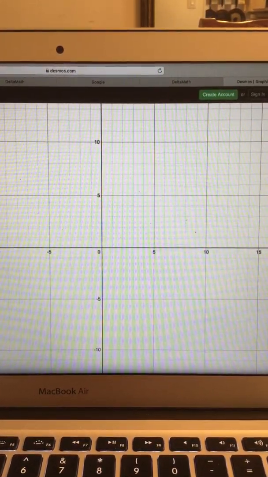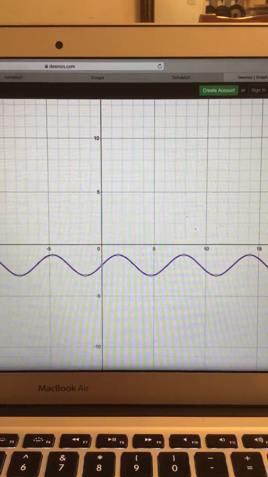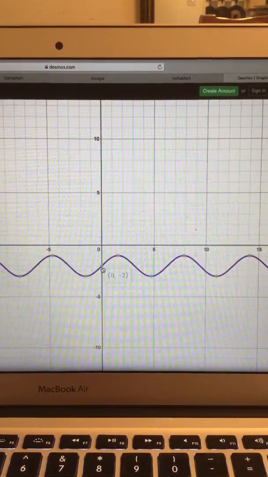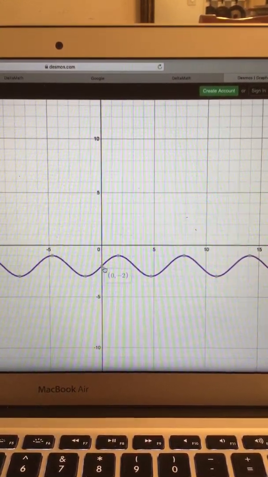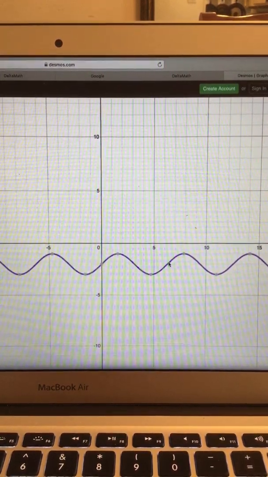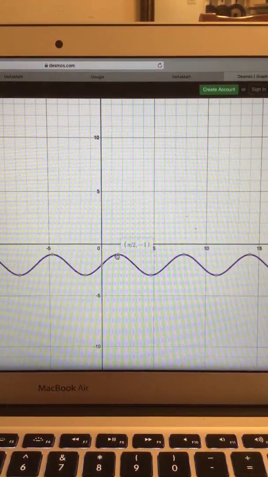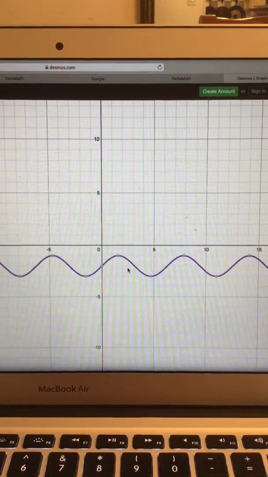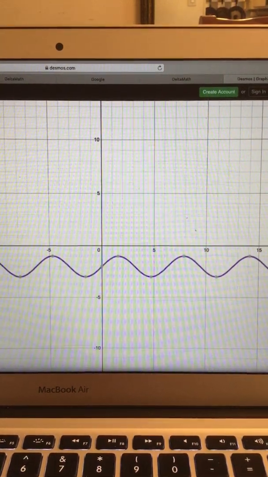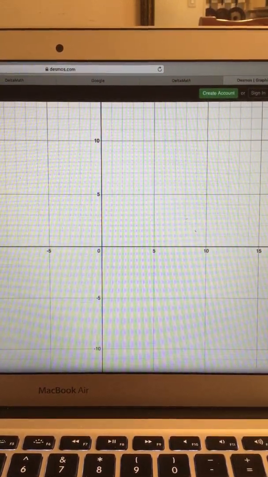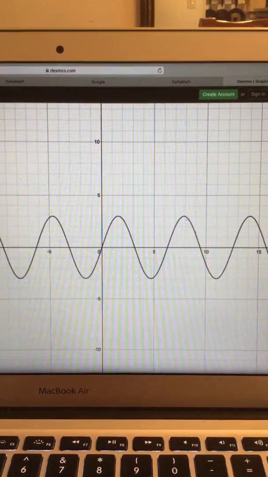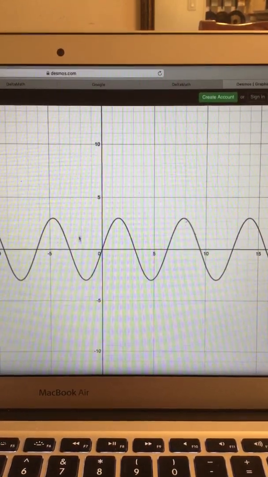Okay, here's another one. The midline of the wave has moved down. It's now down at negative 2. But the amplitude is still the same. It goes up 1 and down 1 from the midline of the wave. Wow, look at this one. This one stretches out further.